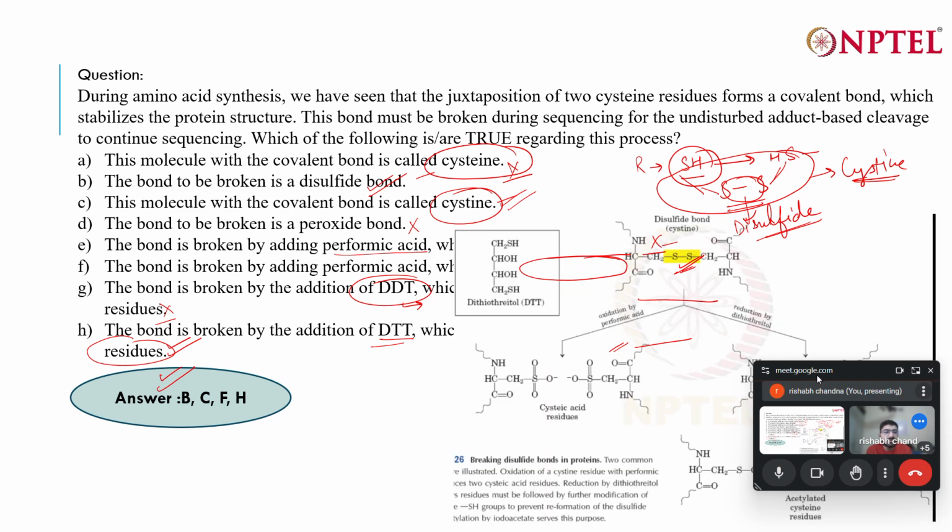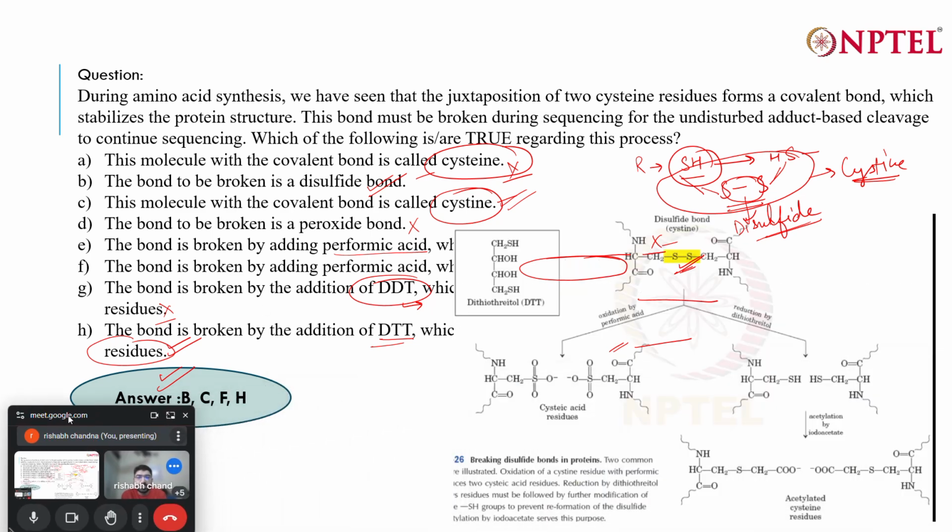And here is the explanation of the same. This is a protein molecule that has the cysteine residue. This is one cysteine residue and this is the other cysteine residue. The bond that is formed between the two is called a disulfide bond.